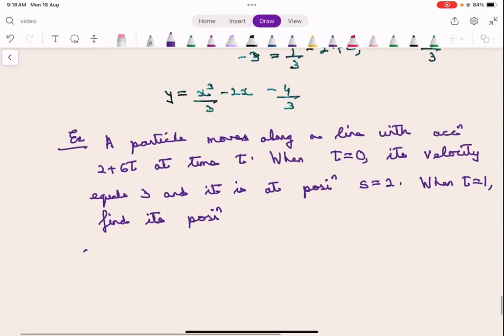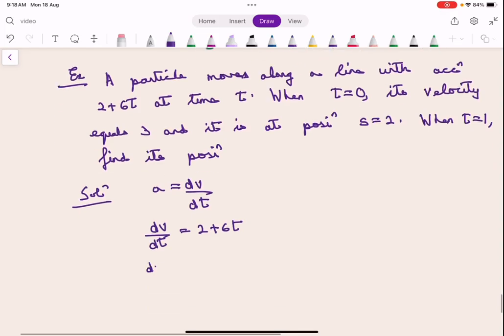So the solution goes something like this. a equal to dv by dt. So we have dv by dt equal to 2 plus 6t, or dv equal to 2 plus 6t dt.